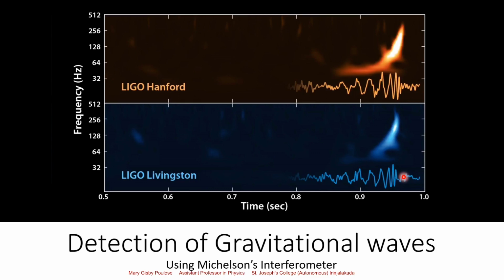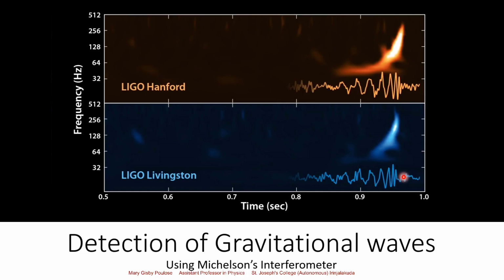So when that cosmological event happened, the space-time fabric, that is, the space-time curvature, got ripples in it, and those ripples have traveled across millions of light years and have reached us as feeble gravitational waves.